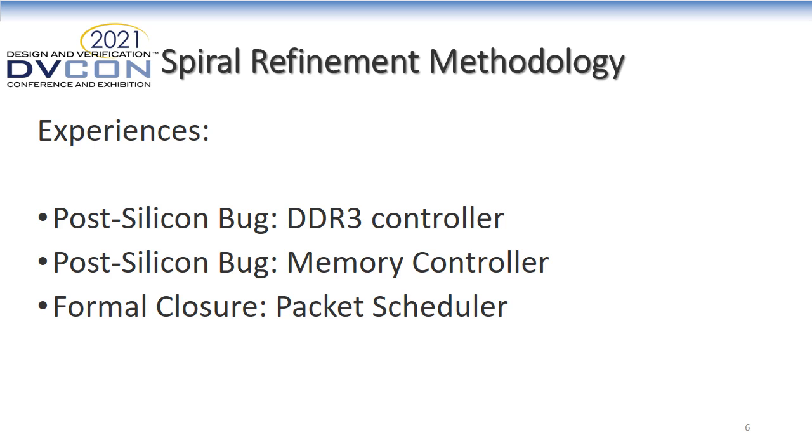The bug happens 2 to 3 hours after the design has been running in the lab. The final one is a packet scheduler. Some of our design teams have been using this methodology for a while. After they gained some experience, they also applied this methodology for formal closure. We want to share some of that experience as well.